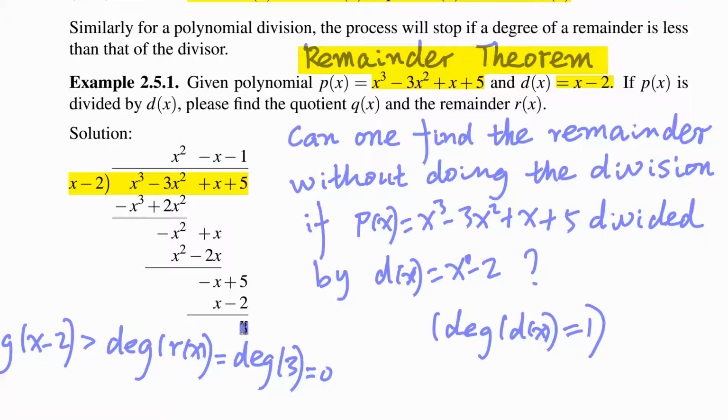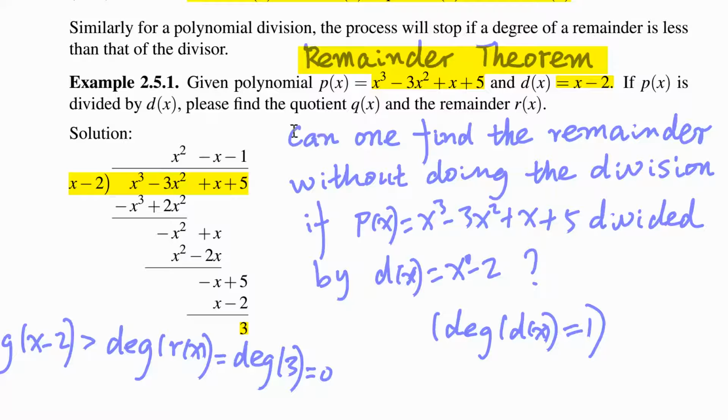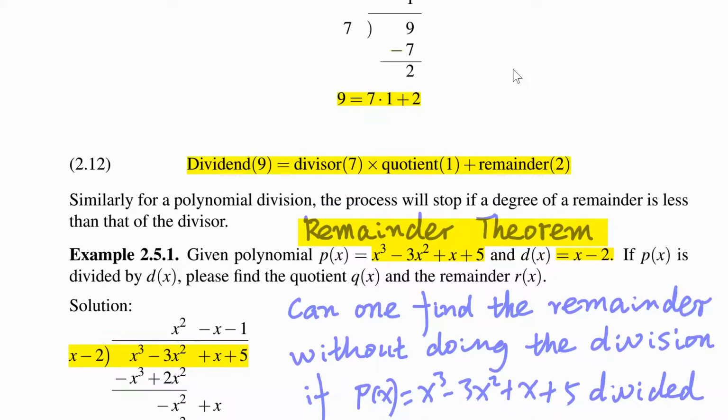So you stop. The reason, again, is similar to what we did before. Before, 2 is less than 7, so we have to stop.